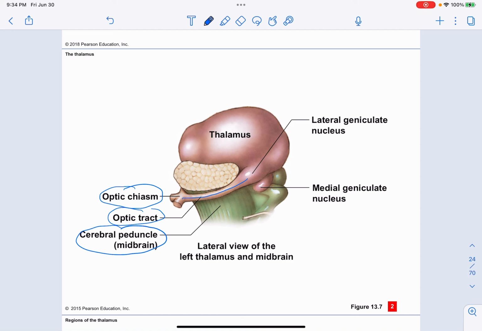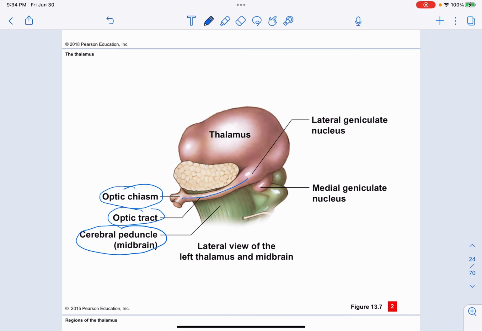So what is happening is the lateral geniculate nucleus is filtering out all the things that are not important at the moment. Otherwise, we would be overwhelmed with all of the information coming in, and this allows us to focus.